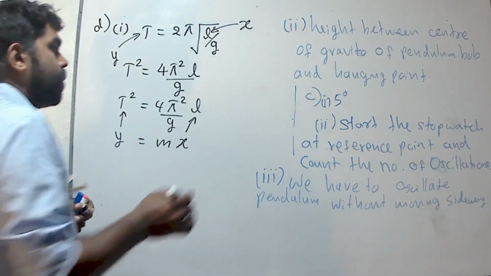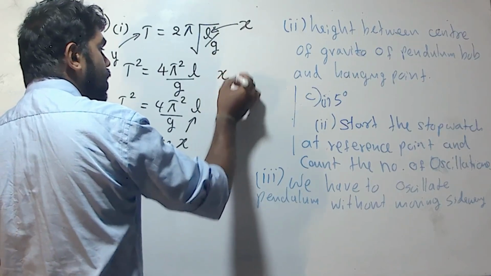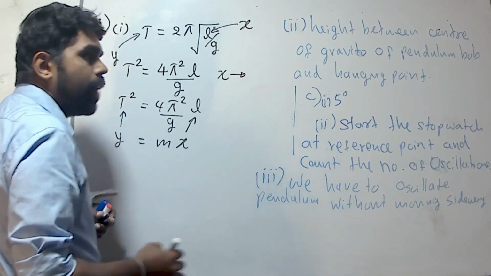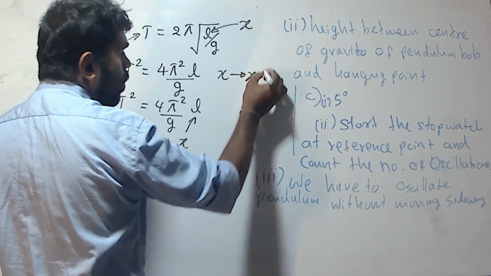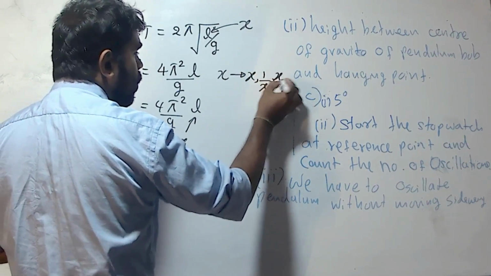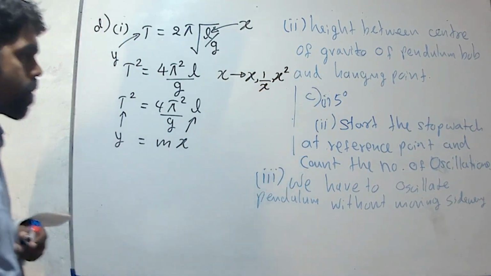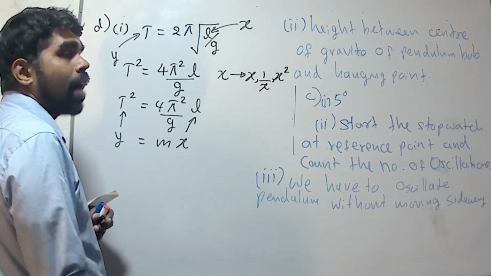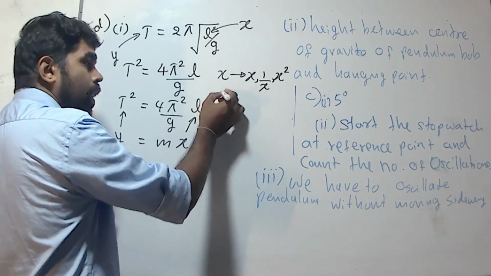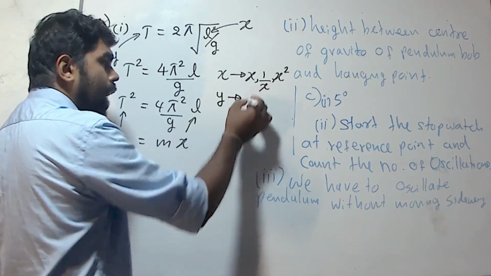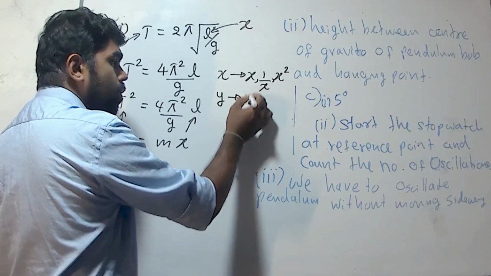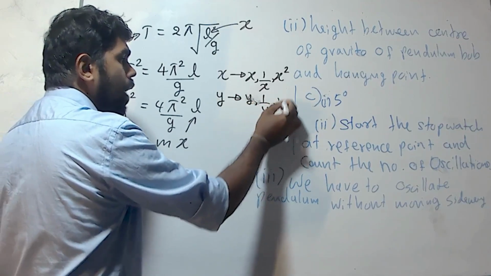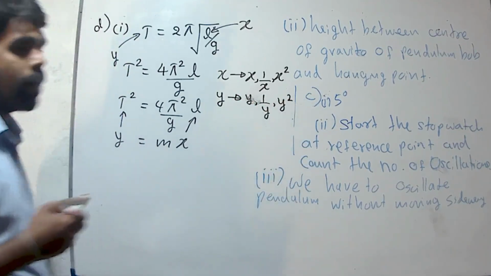Then considering x and y as physical quantities, we can draw x and 1 over x squared for the x-axis, but we can't use square root values. For the y, we can use y and 1 over y squared for the y-axis.